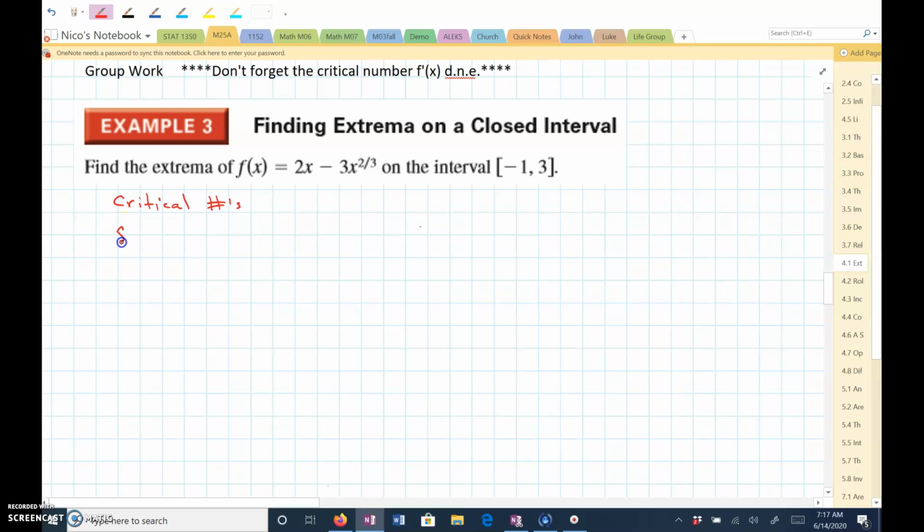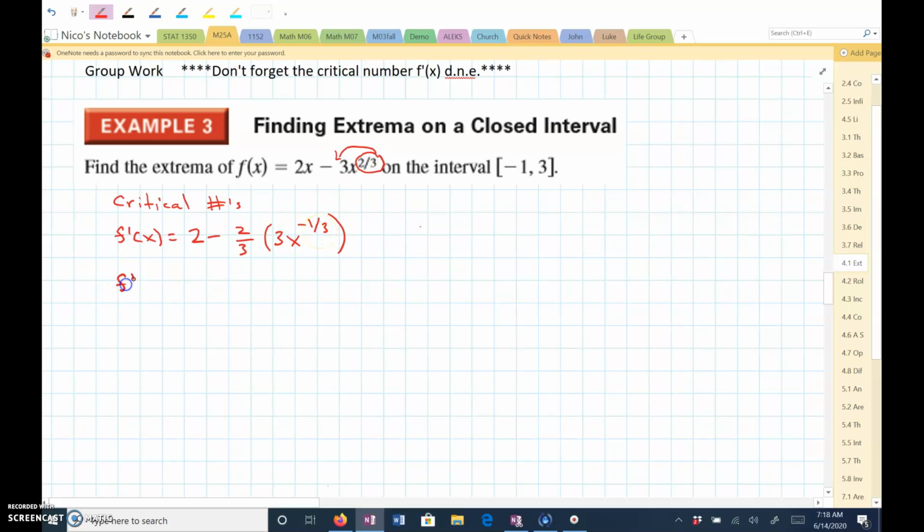So we're going to take the derivative of f of x for this function here, which would be 2 minus, let's see here, this would be 2 thirds times 3x to the -1/3 power. This would be the power rule here. This would go out in front. You subtract 1, you'd have that.